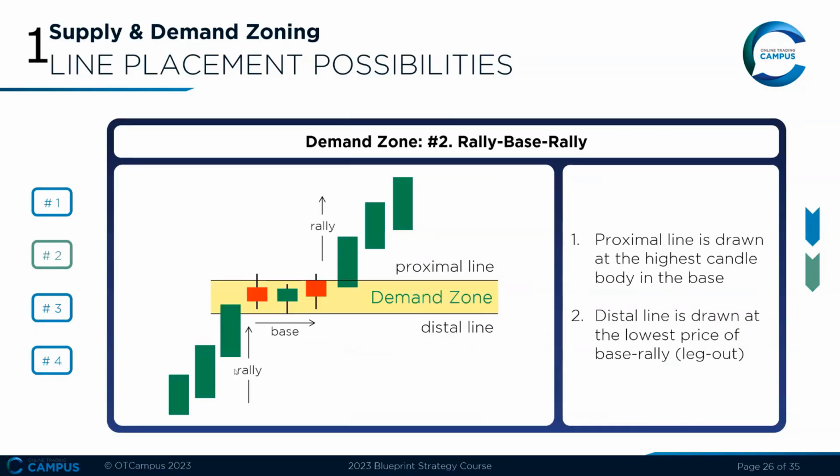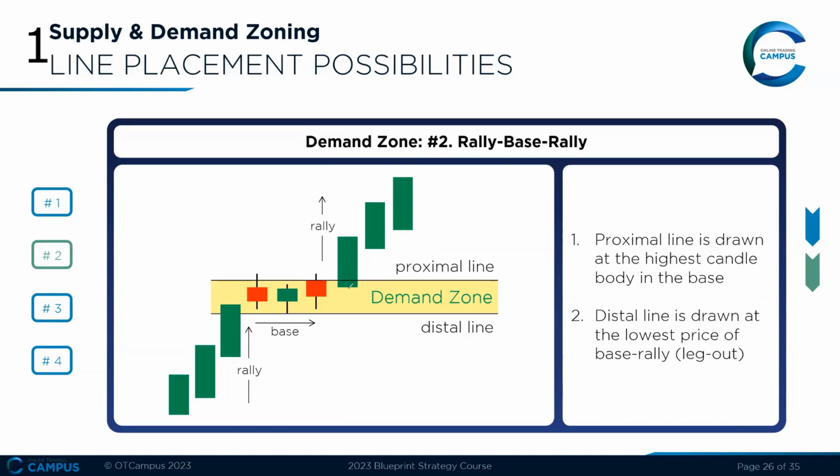So here's an example with 3 candles in the base again, showing the preferred version as we use the upper body of the basing candles. So the proximal line is drawn at the highest candle body of the basing candles, and the distal line is drawn at the lowest price of the base rally. So we're taking the base, including the leg out.